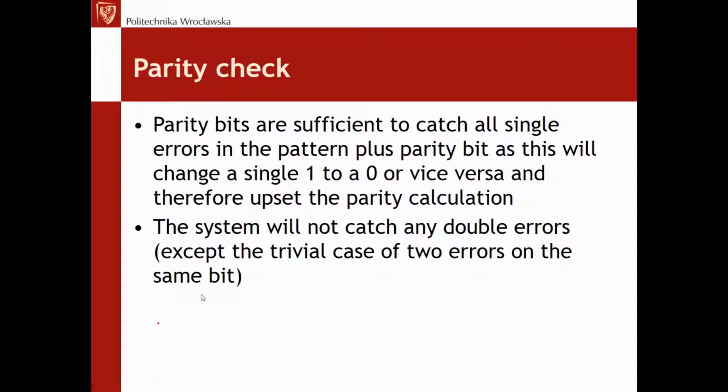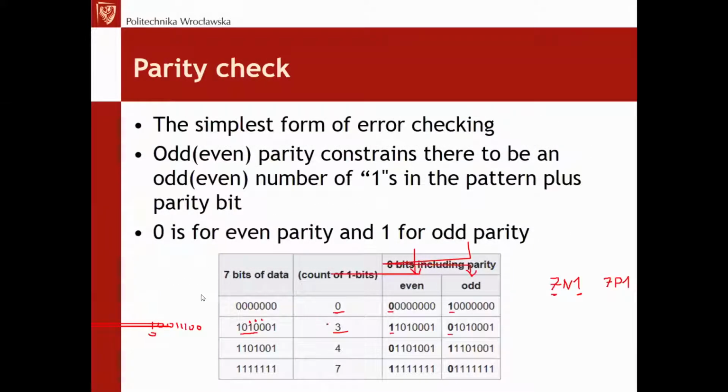It's maybe not the most common today, because the major disadvantage of parity is that it is byte based. Usually it is for 7 bits of data. Sometimes it's used for 8 bits of data when we have the system 8 and 1, for example: 8 bits of input data and 1 bit of parity. This gives us 9 bits of output.